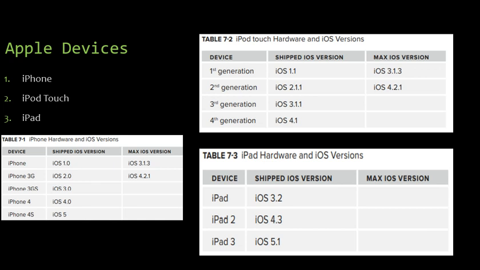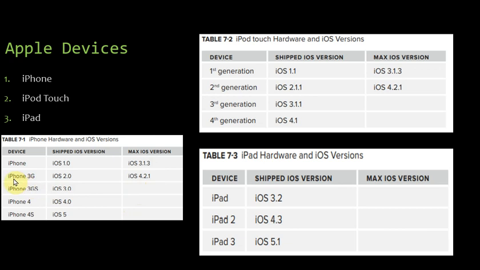As the device's hardware becomes dated, iOS stops releasing the updates. So here a table is given to you, that is iPhone hardware as well as iPhone versions. This table shows iOS hardware with the versions of the iOS that is shipped with the device and the maximum version that can be installed on the device.